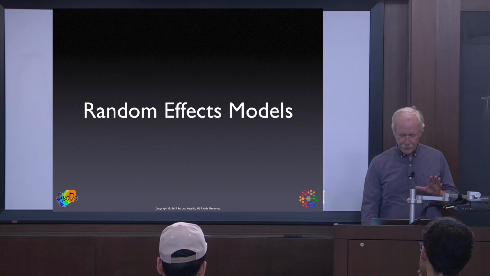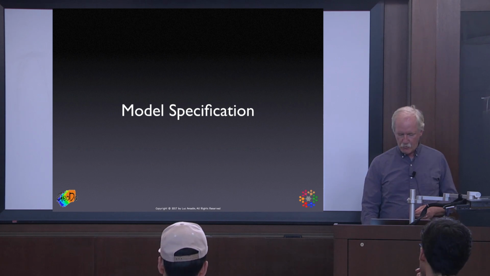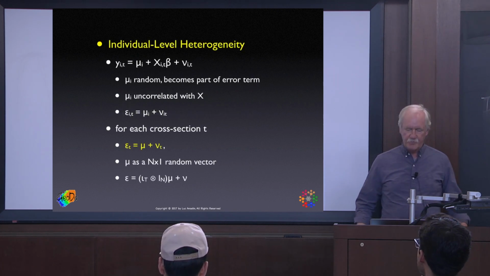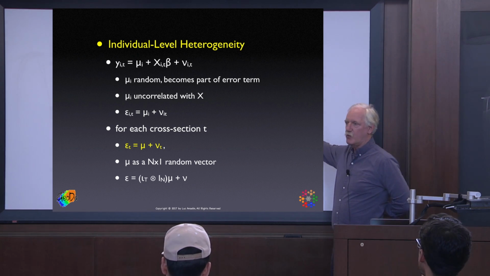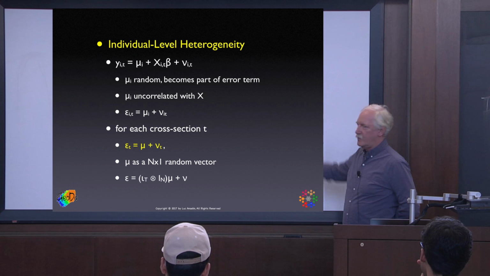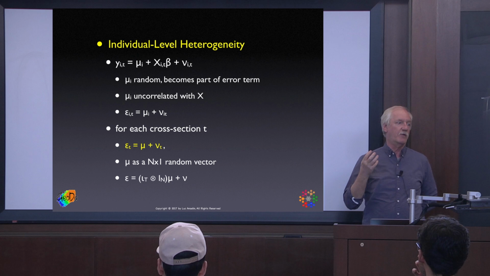So most of the attention in the literature has been focused on random effects, and basically it's the same thing whether you call this alpha i or mu i. In terms of the notation, it's the same thing. Conceptually, it's fundamentally different.